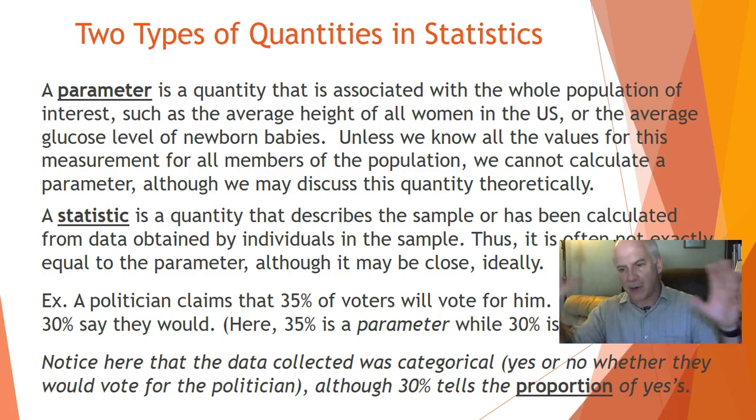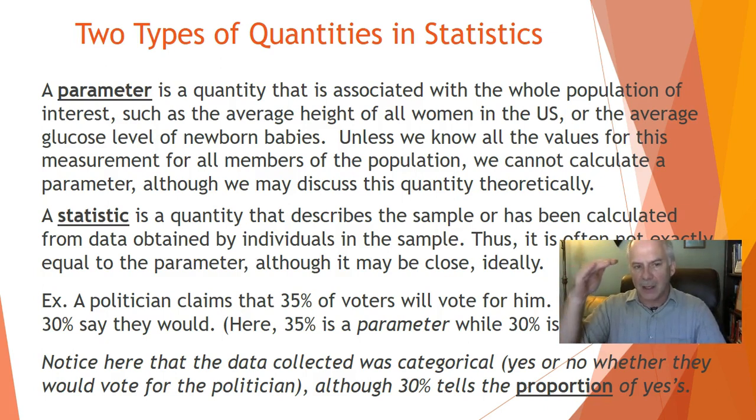So we have a hypothetical population. We don't really know how many are even in the population exactly, but we have what's called a parameter. It's a quantity that we're hypothesizing about, in this case, glucose level of newborns, for example. So unless we know all the values for the measurement of all members of the population, we cannot calculate this parameter, although we may discuss the quantity theoretically.